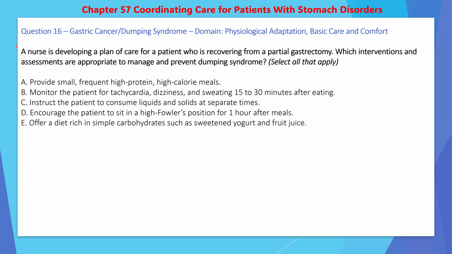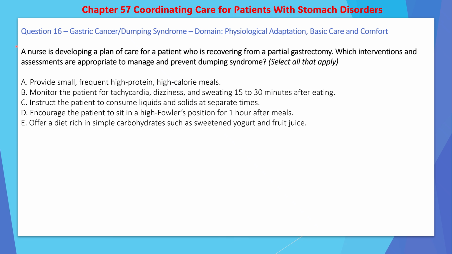A nurse is developing a plan of care for a patient who is recovering from a partial gastrectomy. Which interventions and assessments are appropriate to manage and prevent dumping syndrome?